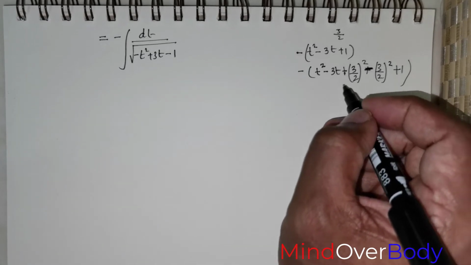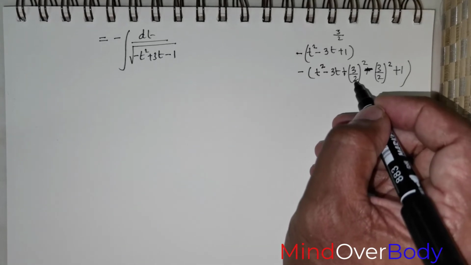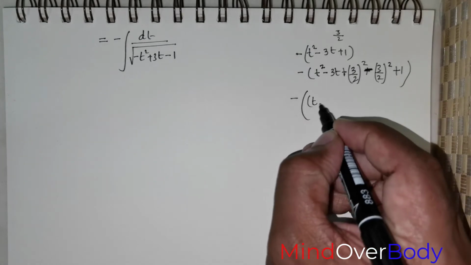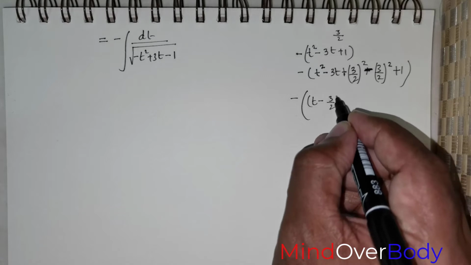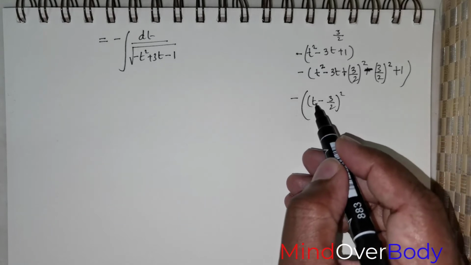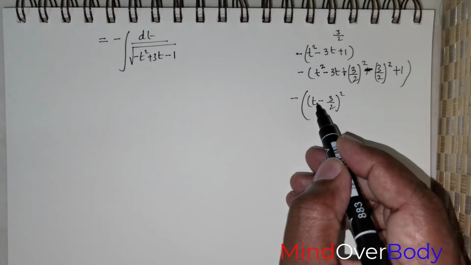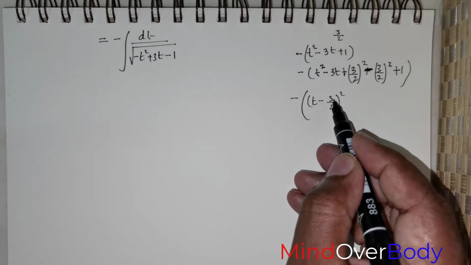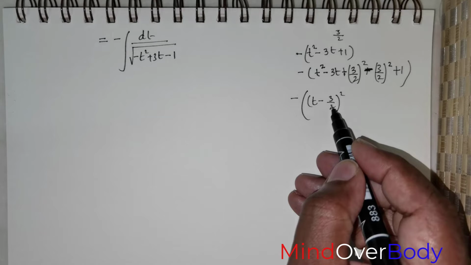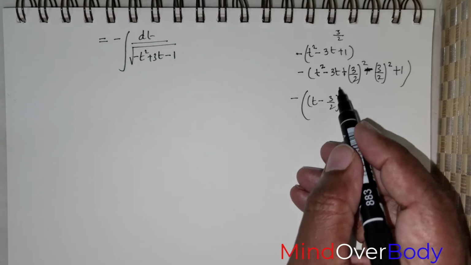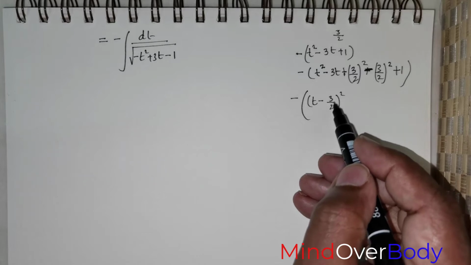Now we can rewrite this quantity as negative of (t − 3/2) raised to the power of 2. When you expand this, you get t squared followed by negative 2 times 3 times t over 2, so that would give me a 3t, followed by addition of (3/2) raised to the power of 2.